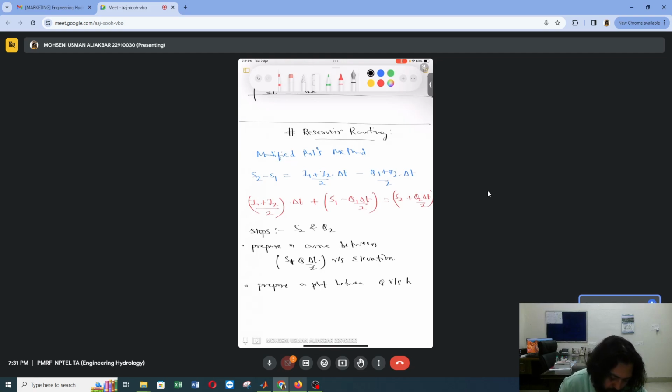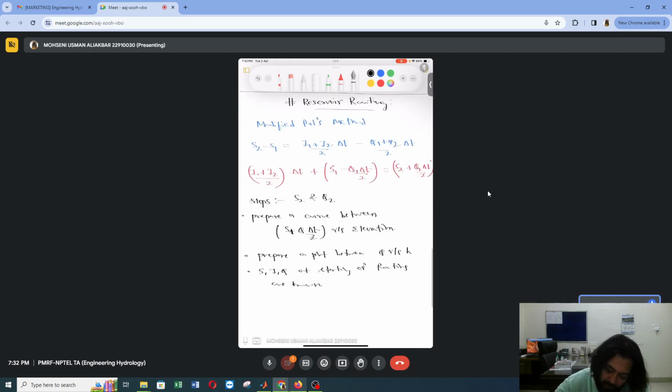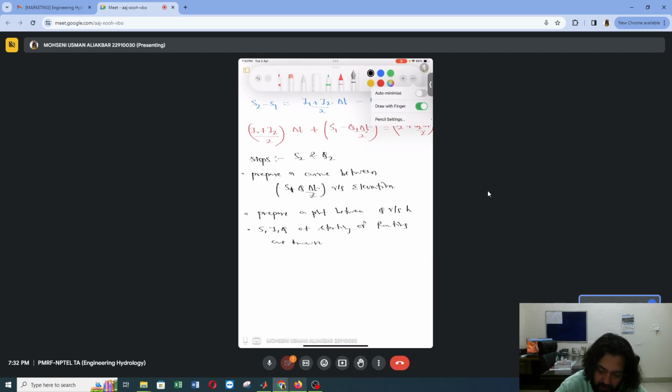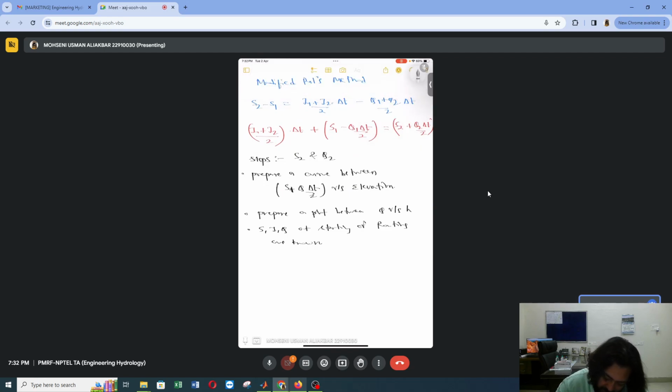Now what we are going to do is find the value of S, I, Q at the starting of routing. So we know the value of inflow, storage and discharge at the starting of the routing, that is the upstream hydrograph. We know the characteristics of the upstream hydrograph, that is the third step.